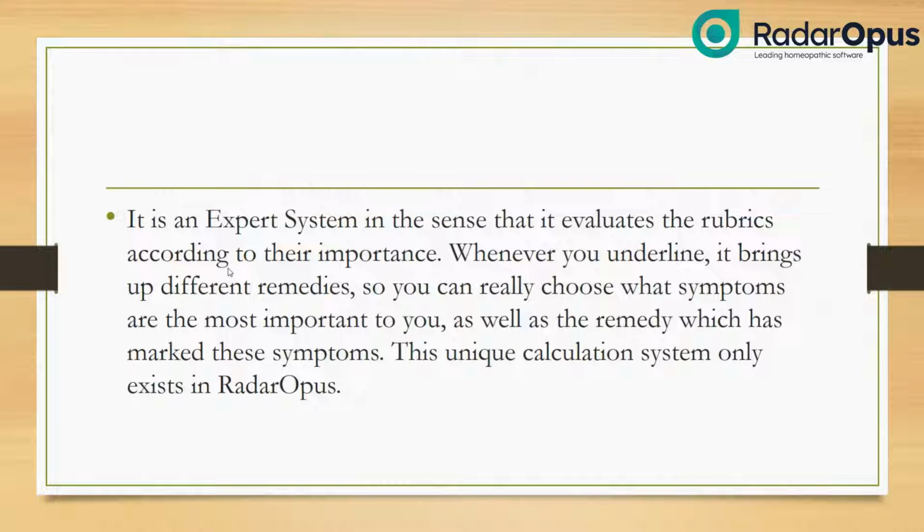So it evaluates the rubrics according to their importance, and whenever you underline, it brings up different remedies. So the remedies that have been at the 9th and 10th positions can come to the 1st and 2nd position after applying this master score module. So it prevents the omission of potential remedies that may have been overlooked by us during our prescriptions.